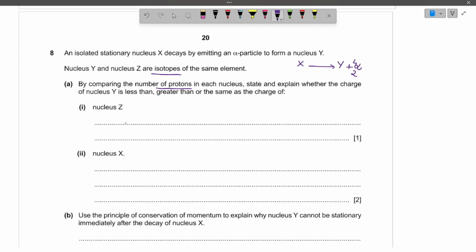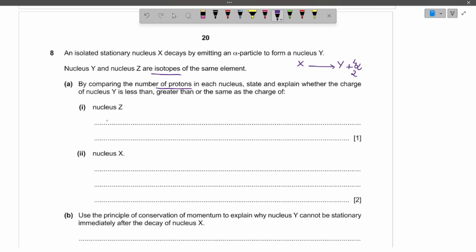So the number of protons in both nuclei is the same. So hence the charge must be the same, right? Because here you are considering the nucleus. The nucleus only has protons and neutrons, so the only particle which contributes to the charge is the proton. The neutron number doesn't count for the charge.